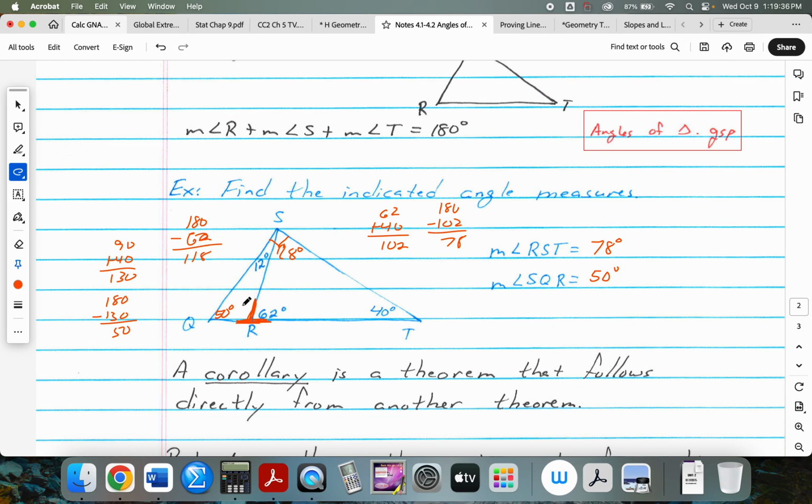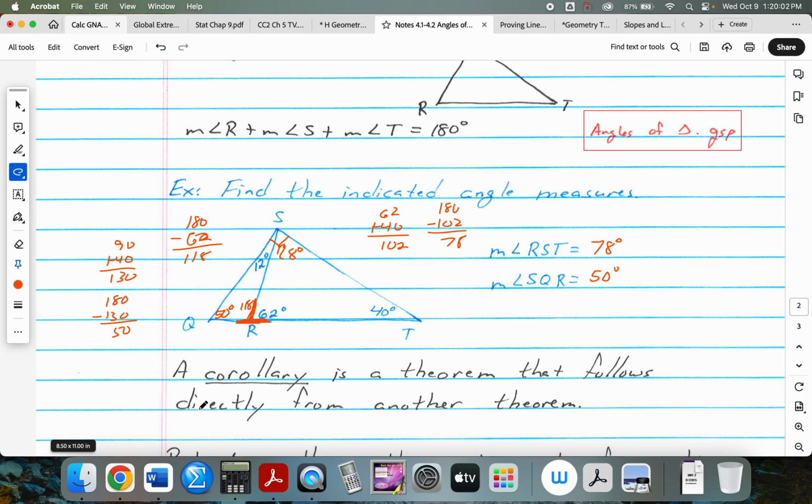So this is 118. And then you add 118 and 12, which is 130, and then subtract that from 180. And you get 50 that way. Took a little bit longer, but that's absolutely correct. So sometimes looking at the bigger triangle will be the faster option.